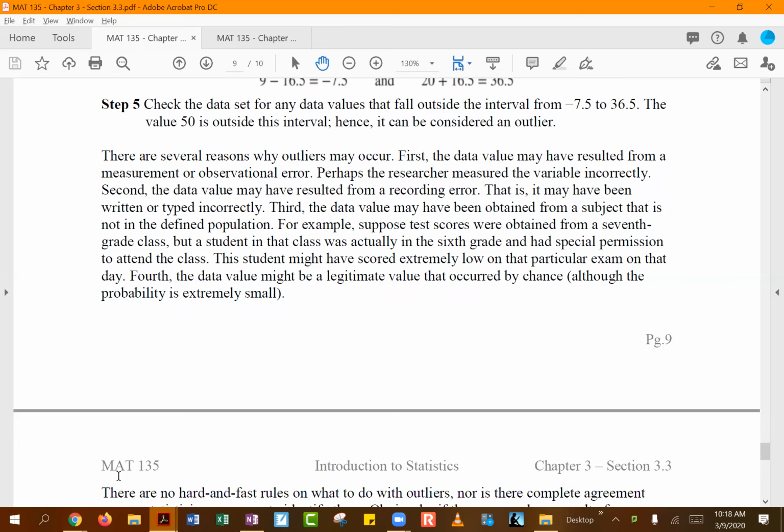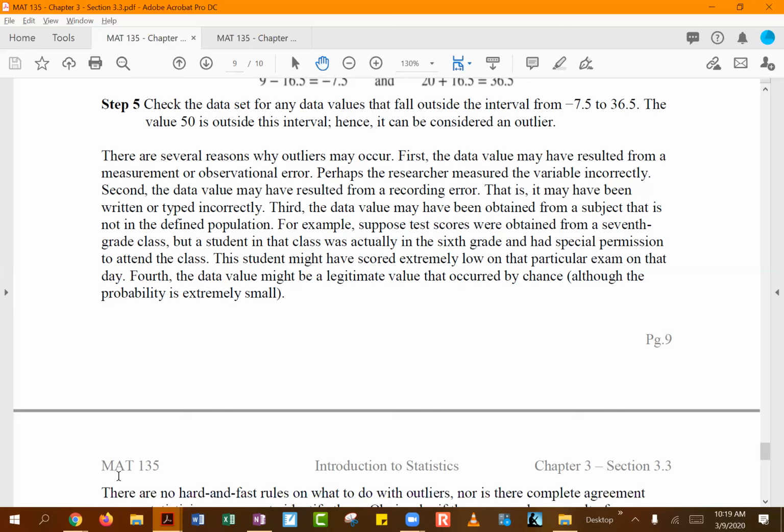Did a variable get measured incorrectly, which would again come down to the researcher? Was it just a recording error? Did we just write the number incorrectly? They are talking about it could have been typed incorrectly or written down incorrectly. Could have been obtained from a subject that was not defined in our population, and maybe as a researcher, again, we did not catch that.